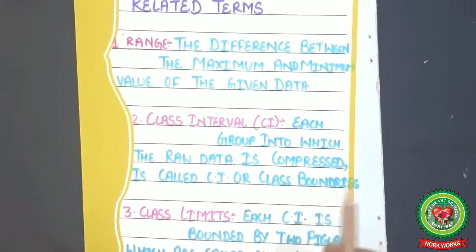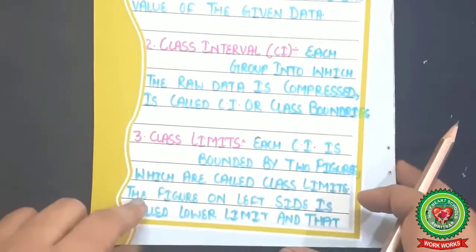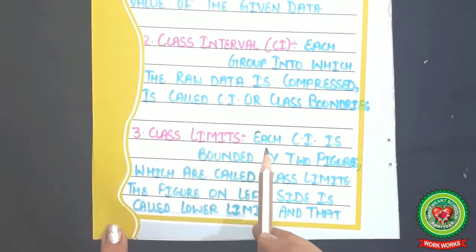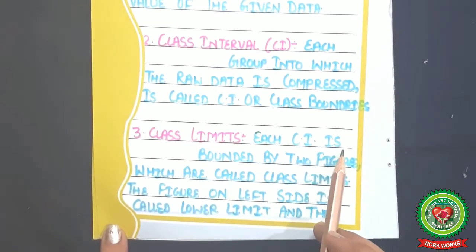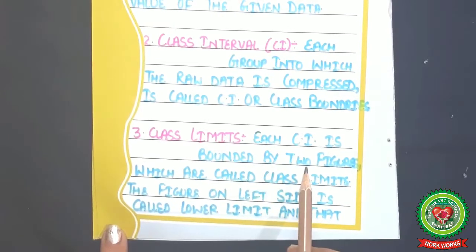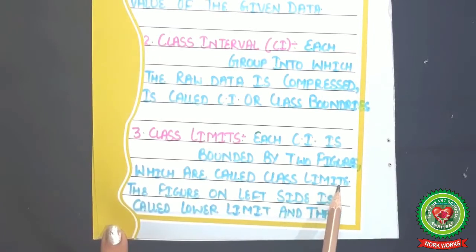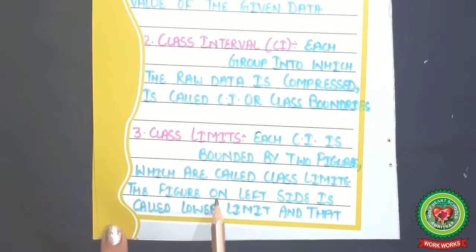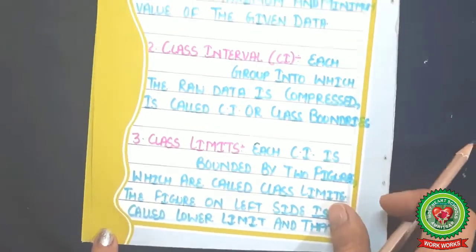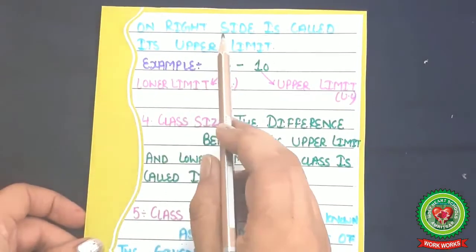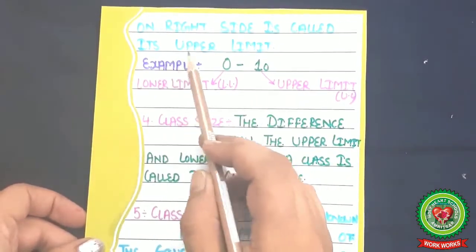Now, come to term number 3, that is class limits. What are class limits? Each class interval is bounded by two figures which are called class limits. The figure on the left side is called the lower limit and that on the right side is called its upper limit.